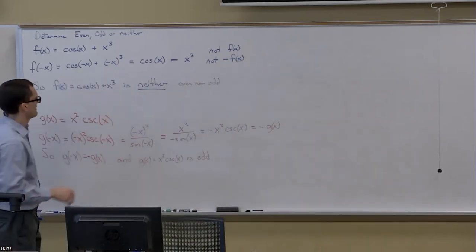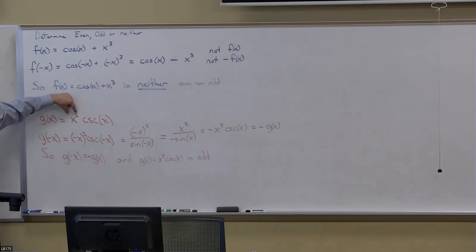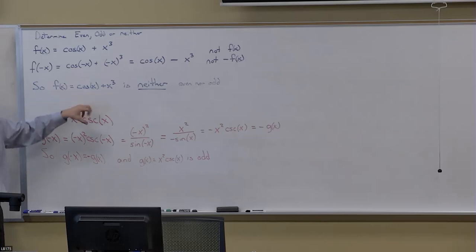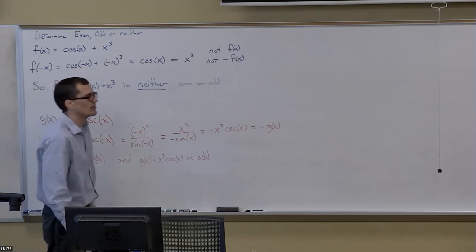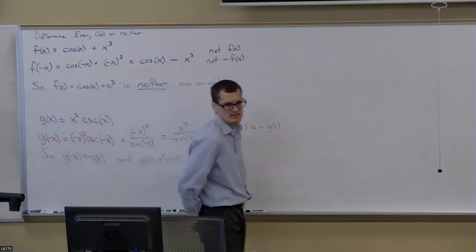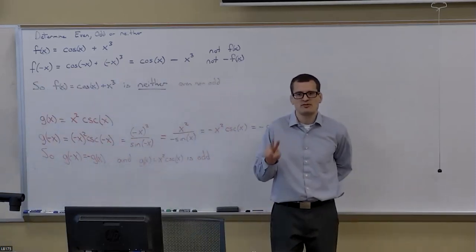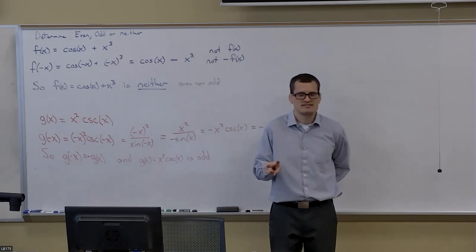Notice, by the way, this is an even function times an odd function. When I had even times odd, I got odd. Even and odd kind of work like negatives. If I multiply two negatives together, I get a positive number. If I multiply two odd functions together, I get an even function.